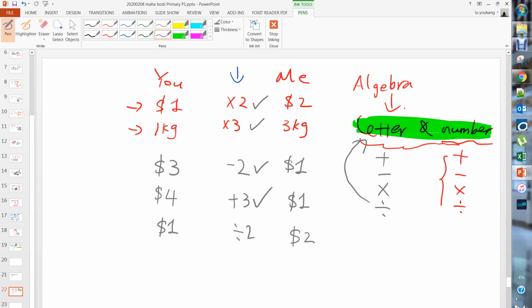So basically, can you see that with this example, we have revised multiplication, subtraction, addition, and division with numbers. Now what I'm going to do is play with both letters and numbers, a mix.